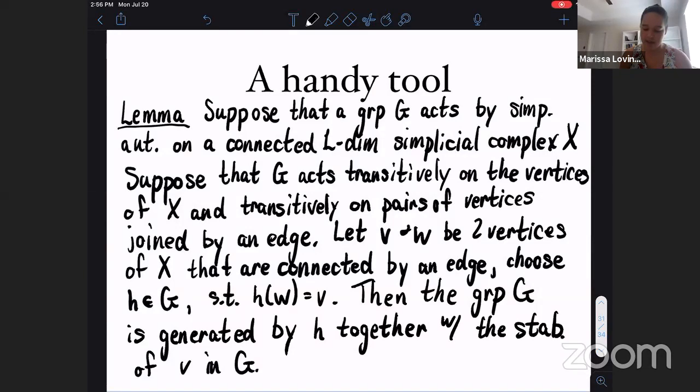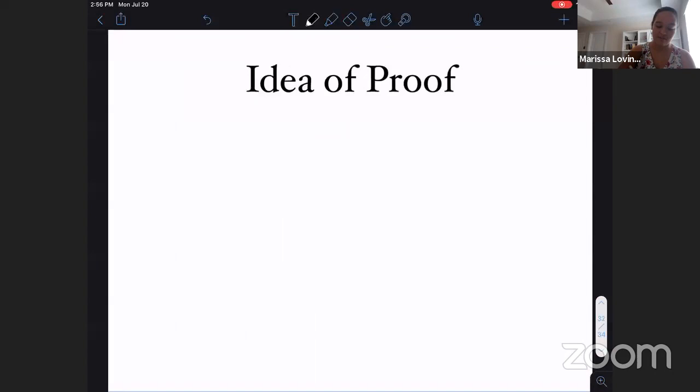So this is a little bit of a wall of text. I just wanted to include it because I'm not going to go completely into the proof, but with this and the action on the one-dimensional simplicial complex, if you wanted to go totally into the proof, you are equipped to do so. So the idea of the proof is really simple.